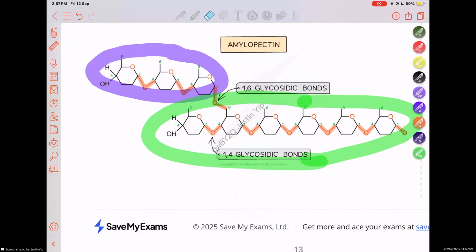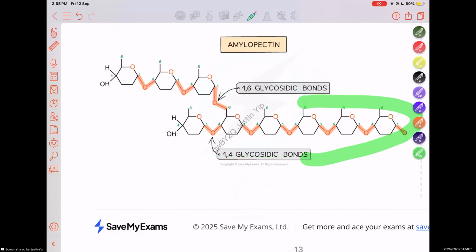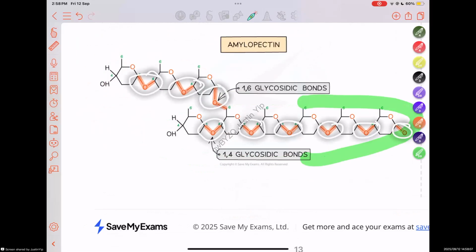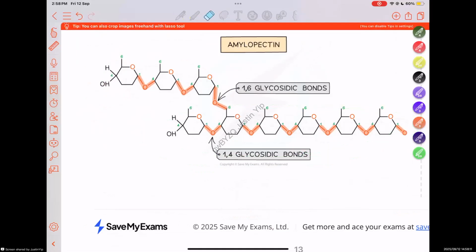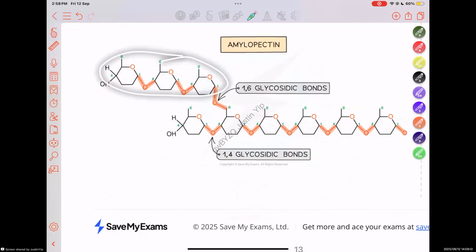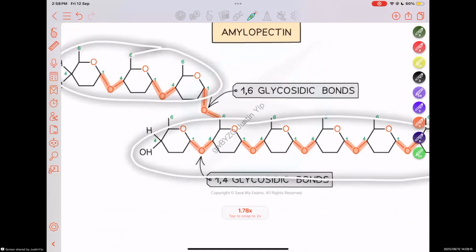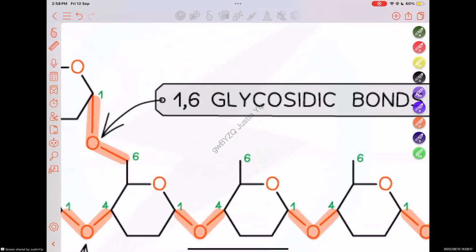Just now we learned what? We learned 1,4, right? 1,4, 1,4, 1,4. But right now there is a special thing here. Between your chain and chain, in the middle, we have one called a 1,6 glycosidic bond.